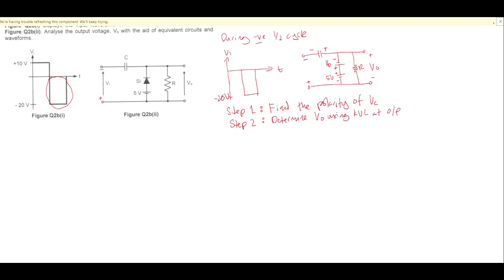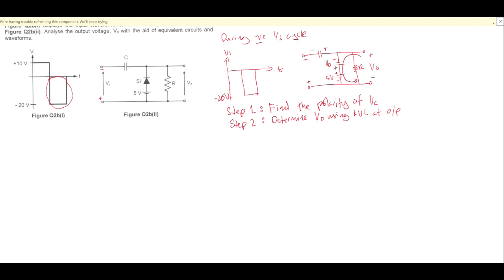So you must determine Vout using KVL at the output side, this side. You need to draw the loop here, for example, I draw a loop like this. Then you are able to analyze your circuit using KVL.